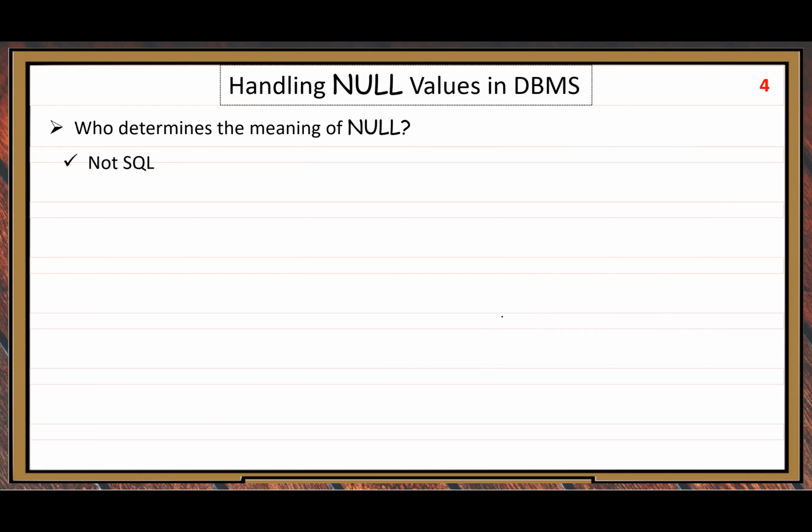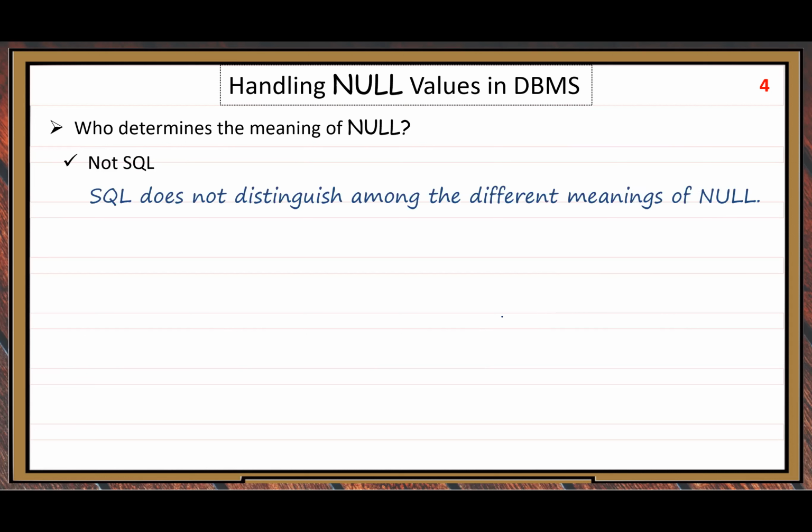SQL is not responsible for that interpretation. SQL does not know which one of the 3 cases you are talking about. SQL does not distinguish among the different meanings of null.